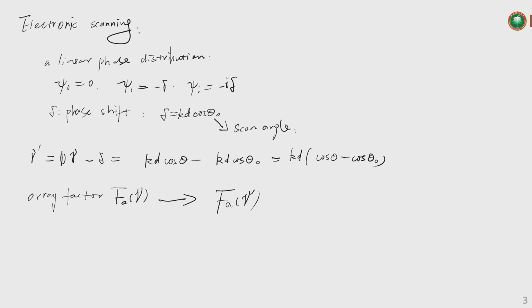Then we introduced several kinds of antenna types, for example, horn antennas, rectangular horns, and also conical horns. For conical horns, generally it means the TE11 mode, right?